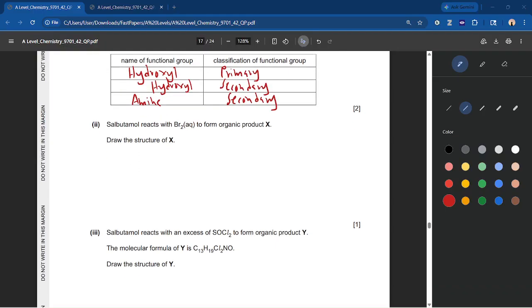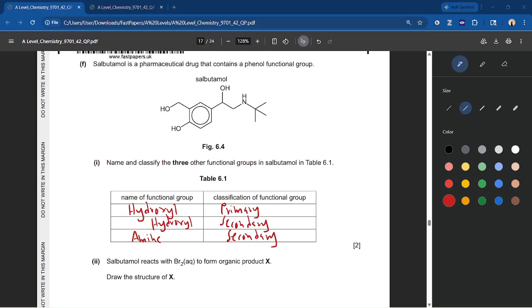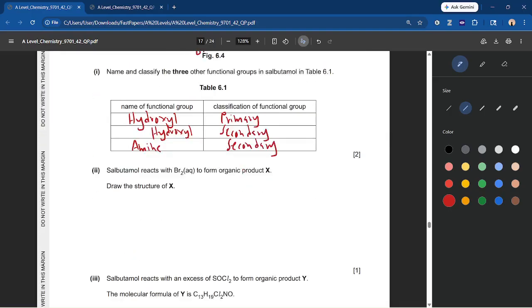Salbutamol reacts with bromine to form an organic product X. Draw the structure of X. So the way you're going to do this is you're just going to give a small Br here. And that's it. Plus hydrogen, if you want, over here.